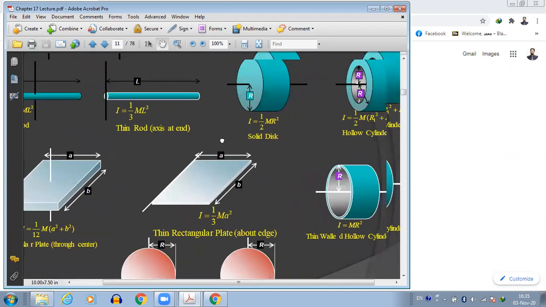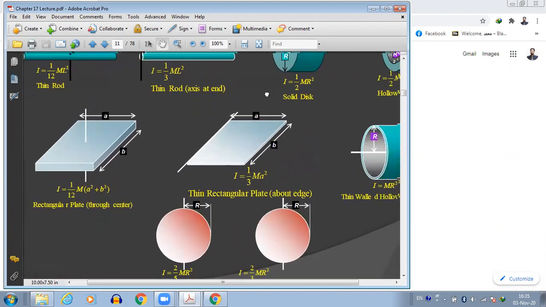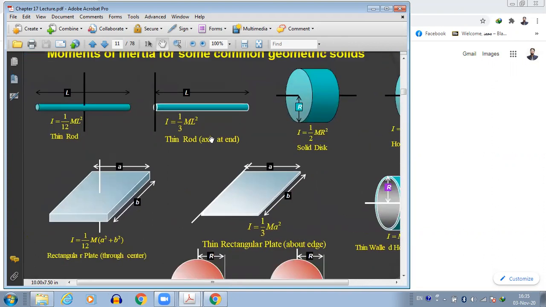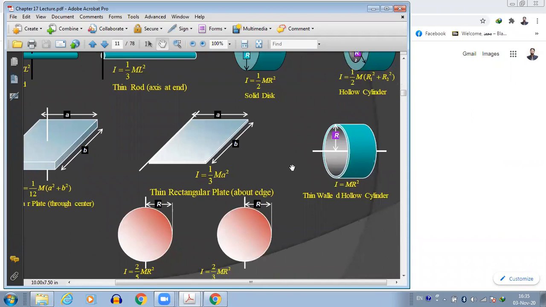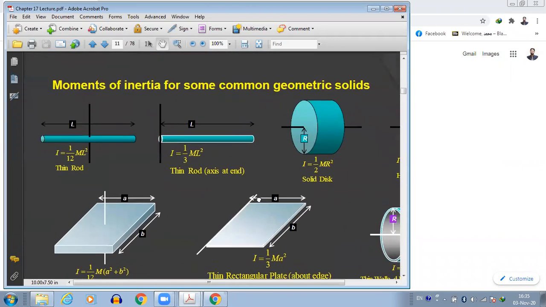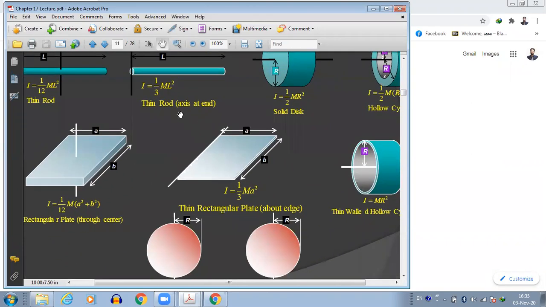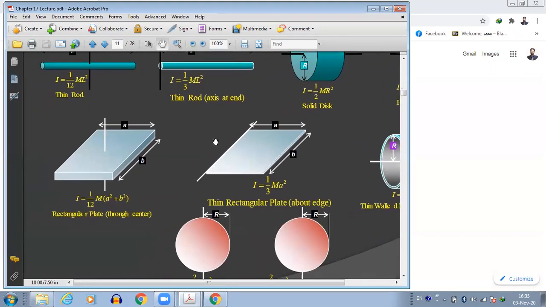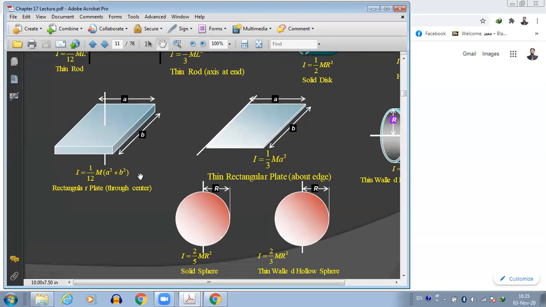Because this formula sheet, this page, will be provided to you in the exam, and I can bring any shape out of this. When we are solving the problem, the formulas will be in front of you. You should be able to use these formulas to find the moment of inertia. So I is equal to 1 by 12 m (a square plus b square).